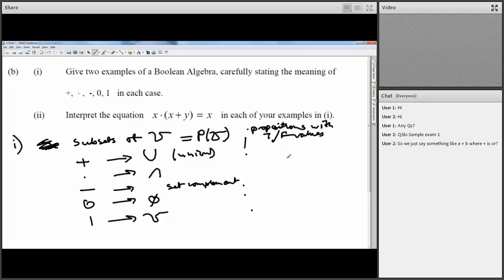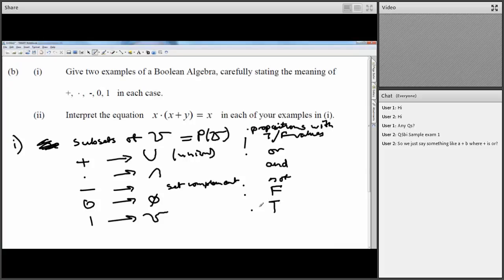You can consider them especially by the number of different basic units you have, the atoms. So how many different letters you're allowed to make up the proposition with. But the plus will correspond to or, multiplication to and, and overline is not. 0 is false and 1 is true. That's the pattern. And they're the 2 key examples we did.